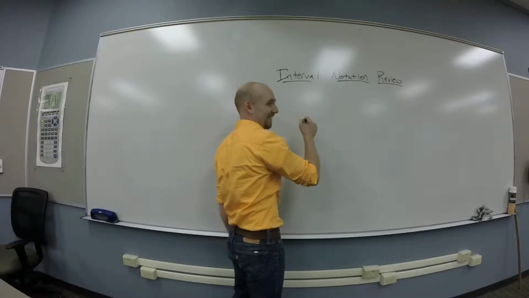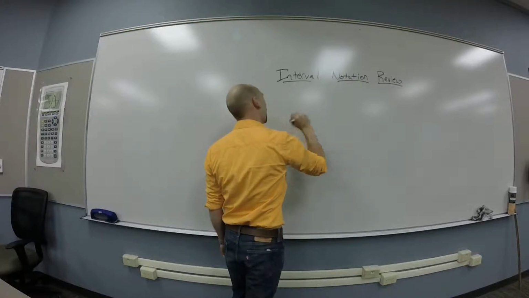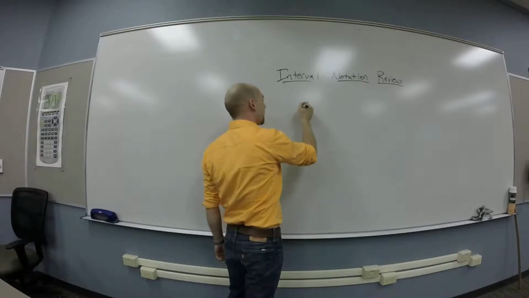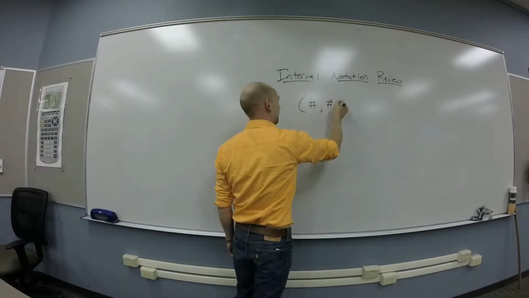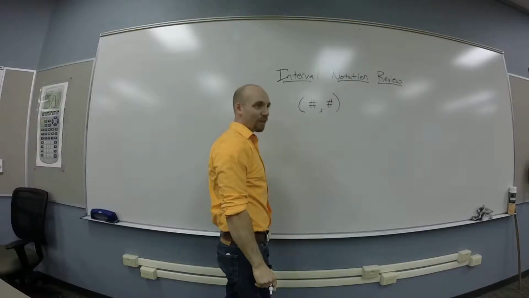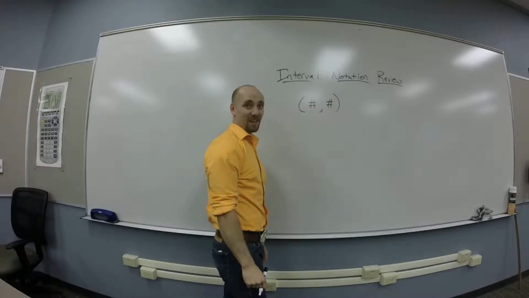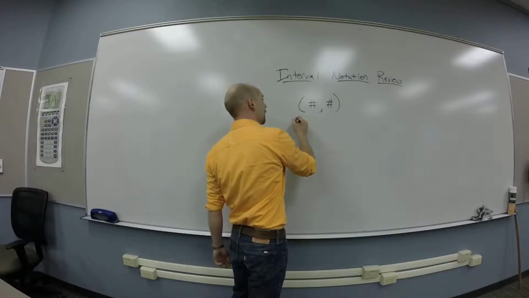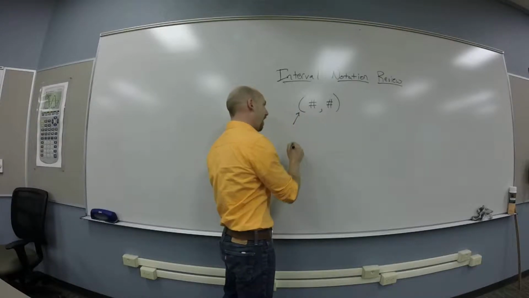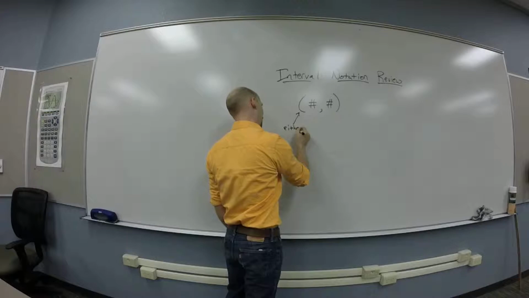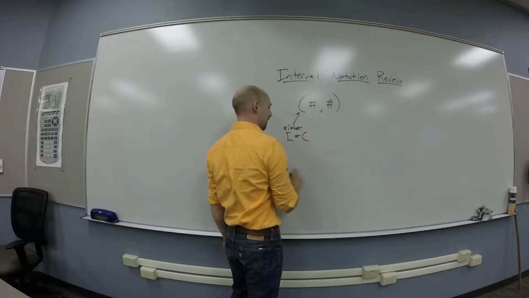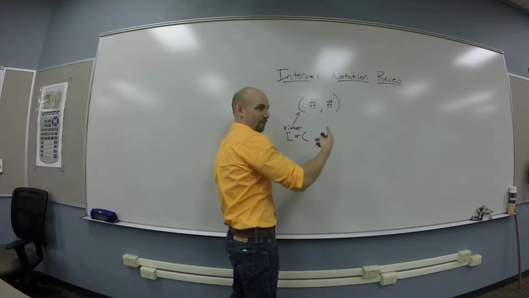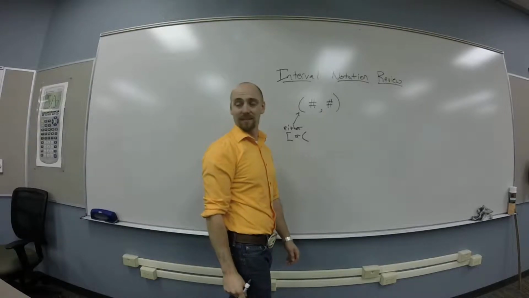An interval's basic form is something like this, where the numbers are different. Now these can be either what? They can be either this or this, and the other one can be the opposite.